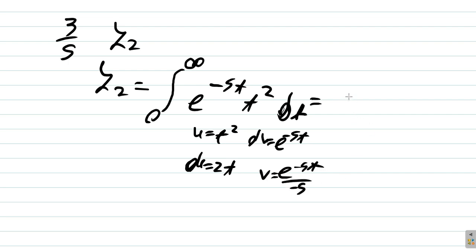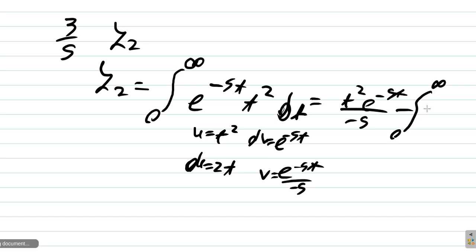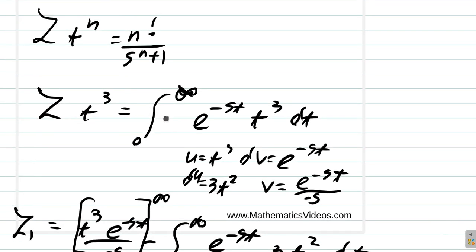So in this case, integral of u dv is equal to u, which is t squared, times v, which is e to the negative st over negative s, minus the integral from 0 to infinity of v, which is e to the negative st over negative s, du, and du is 2t, and now we have our dt there, right?